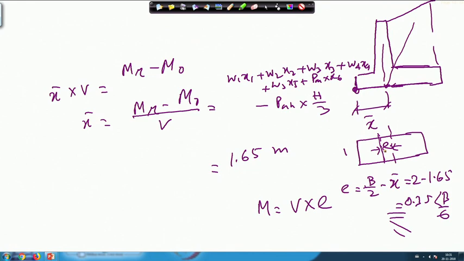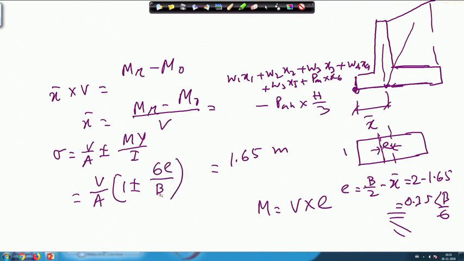Then to find the pressure, we use a typical formula: sigma equals V by A plus minus M y by I. If you substitute I for the rectangular area, y, and the moment, the formula simplifies to sigma equals V by A times 1 plus minus 6 E by B. Substituting everything in terms of B, A and the eccentricity, the expression can be modified into this form.